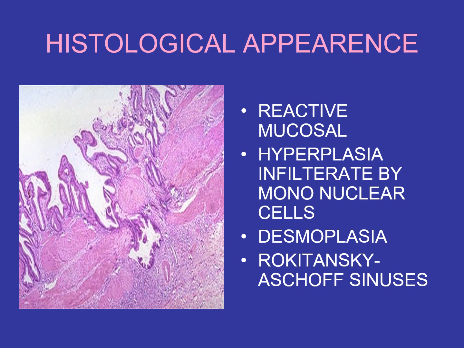I can show you here in this diagram. This is a Rokitansky-Aschoff sinus, that is, the glands dipping down into the wall of the gallbladder. The inflammation is here in the form of small mononuclear cells, that is, lymphocytes.